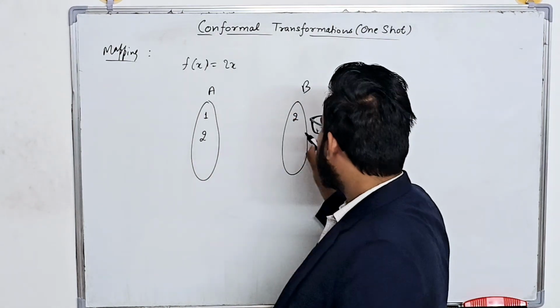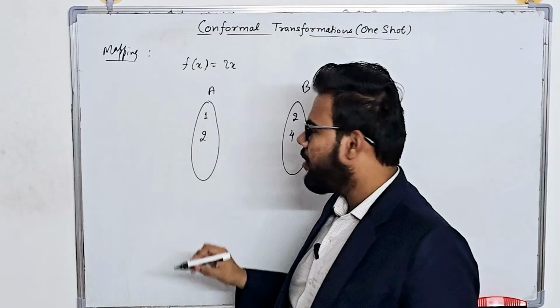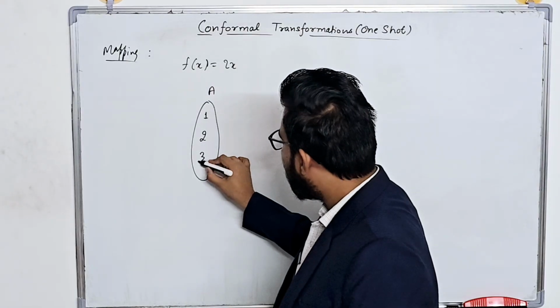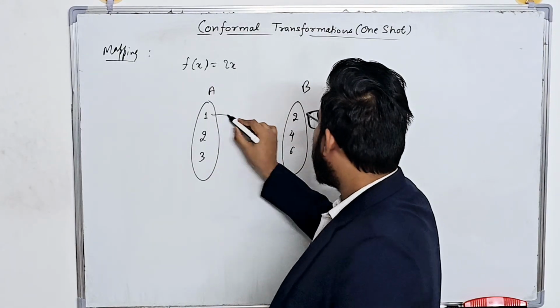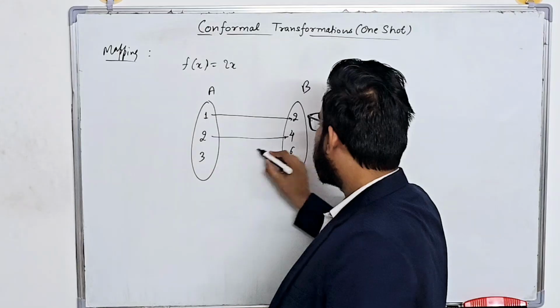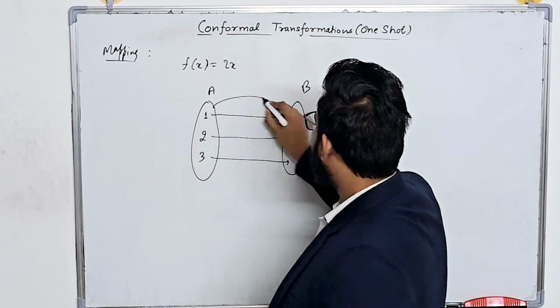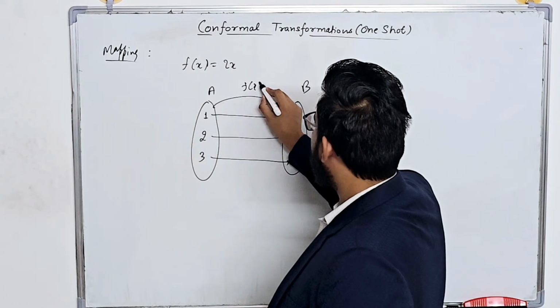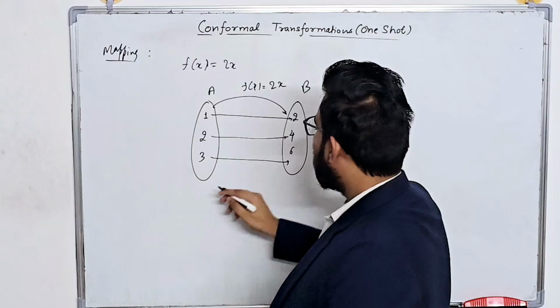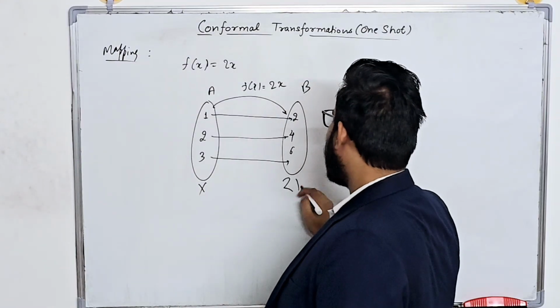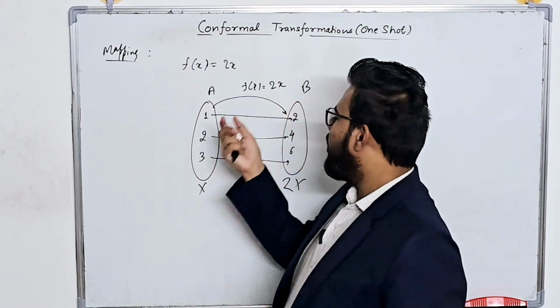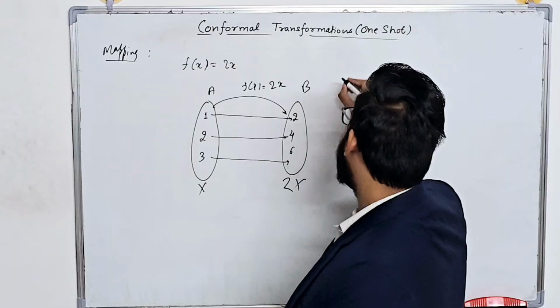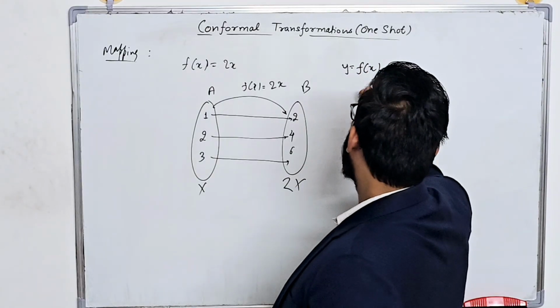If I give 2, the output should be 4, and if I give 3, it should be 6. So they are linked like this. This is a mapping where f(x) = 2x. If this is x, this is 2x, so this is the relation between y and x: y = f(x).